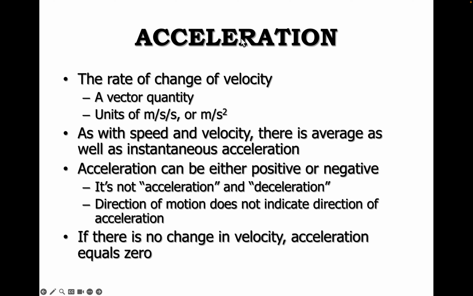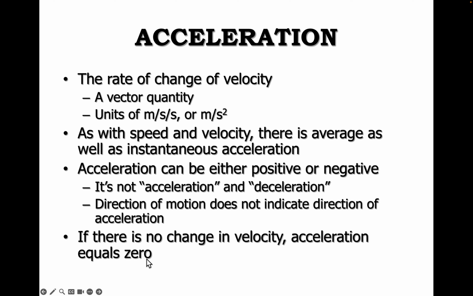Also understand here with acceleration, the direction of motion does not indicate the direction of the acceleration. We'll see that in a coming slide. If there's no change in velocity, acceleration equals 0.